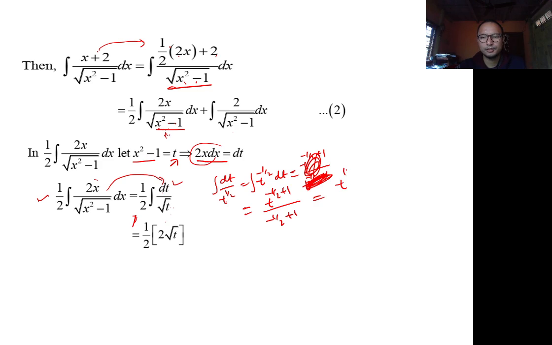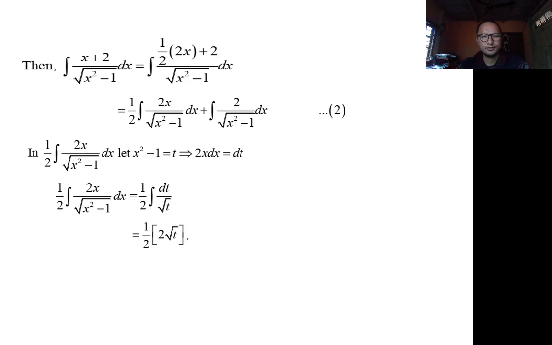So this will be t to the power half divided by half, so 2, so it will be 2 t to the power half by 2 under root t. 2 and 2 cancel, so it will be under root t. Put back the value, it will be under root x square minus 1. That's it.